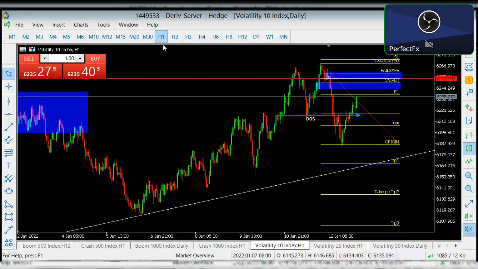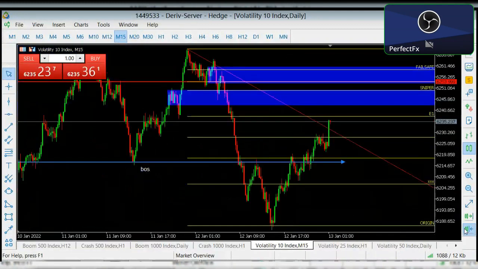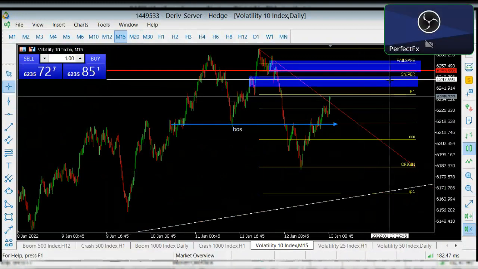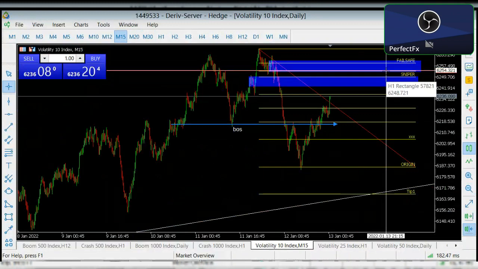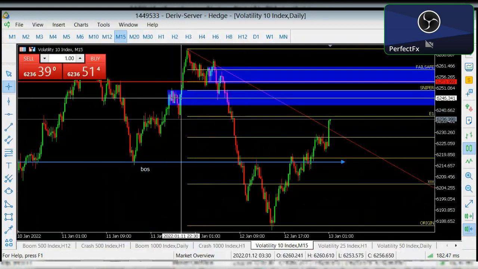There are times when I want to go aggressive, I scale in from the 1 hour time frame. But when I want to trade more conservatively, I break it down to the 15 minutes time frame and allow the market to align with my sniper level or my fail safe level, depending on how strong the order block I am observing is.